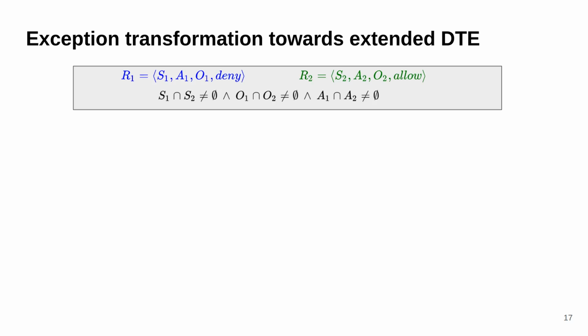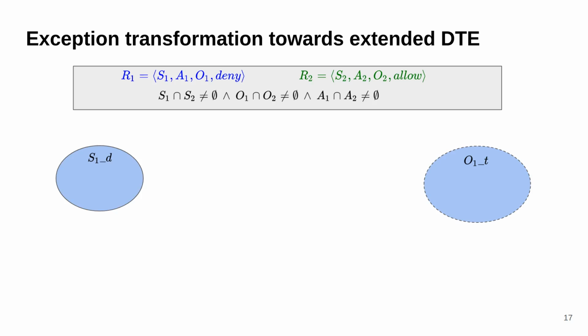So, to transform this exception, we start by creating a DTO domain S1D that we are going to associate to all the entities characterized by the subject S1, and we create a DTO type O1T that we associate to all objects that are characterized by O1.